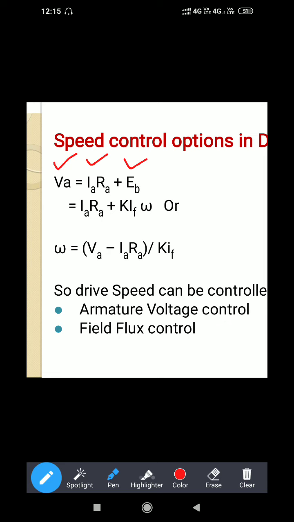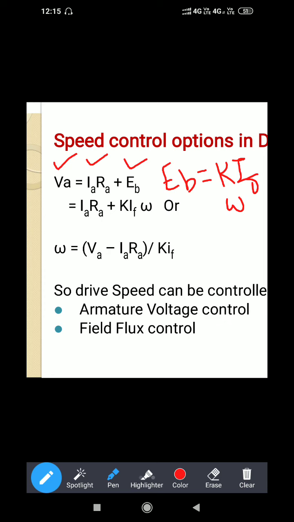Also, the back EMF equation is written as K IF into omega, right? So back EMF equals K IF omega, where K is the armature voltage constant, IF is the field current, and omega is the angular speed, right?